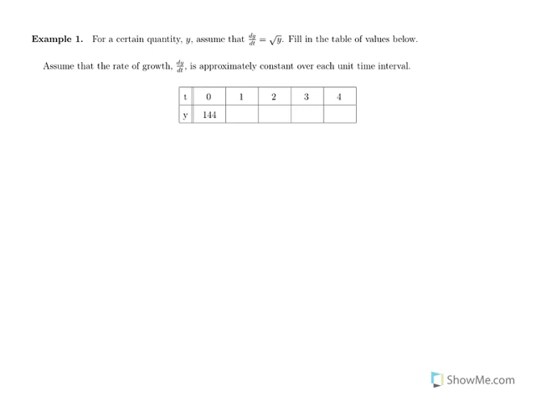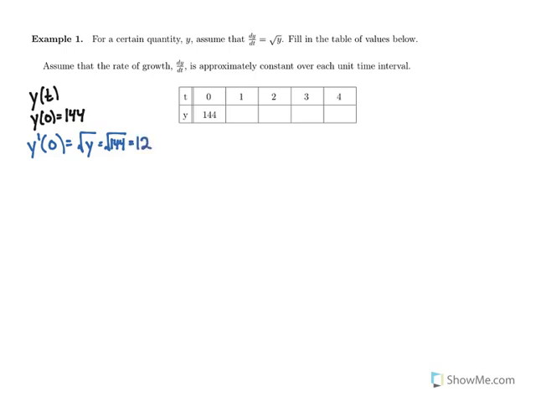So looking at this function, when t is equal to 0, our solution has a value of 144. So again, our solution is a function of t, and we're saying when t is 0, we have a value of 144. We know that the derivative at that point is going to be the square root of y, the square root of the function value.